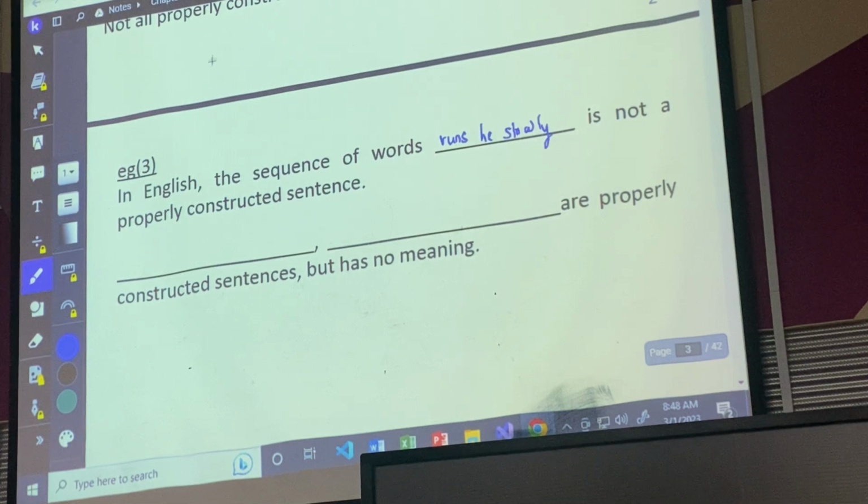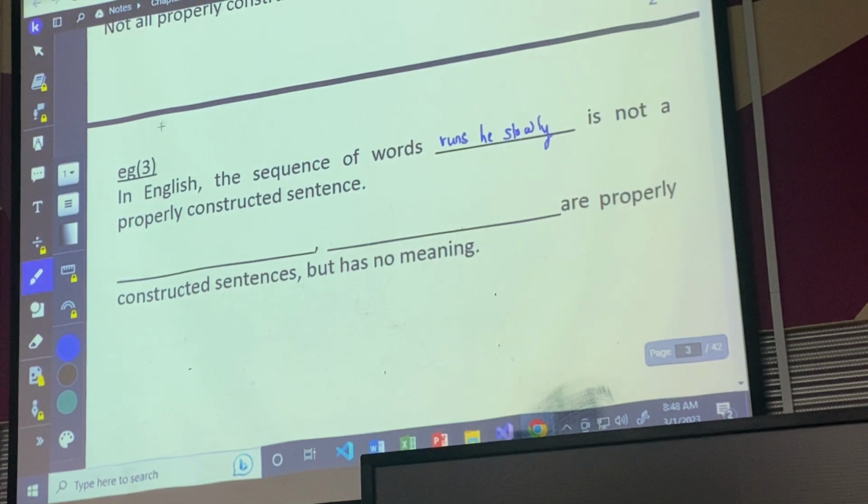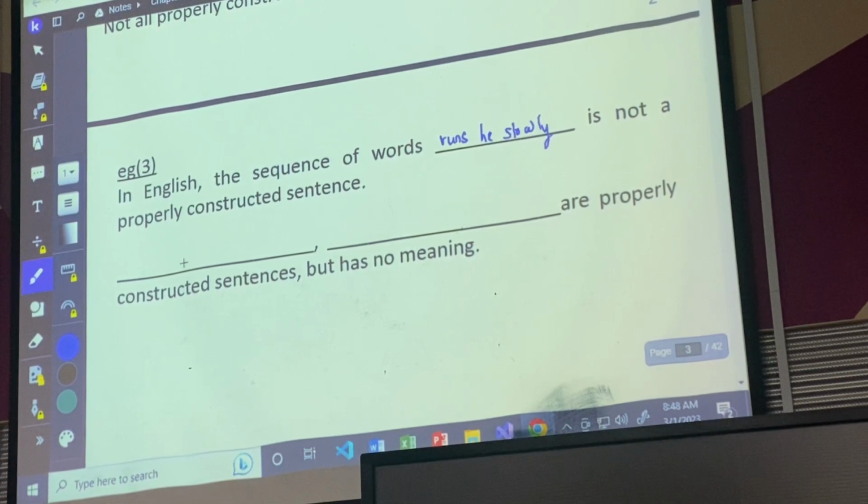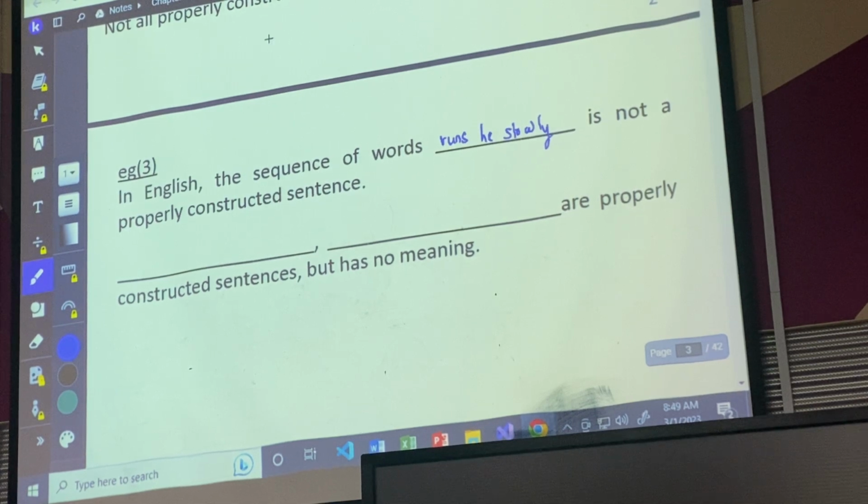Example we can have: the chair, what happened to the chair?